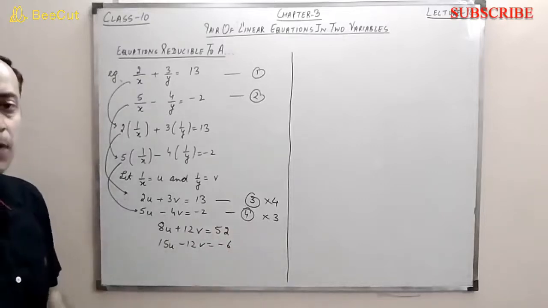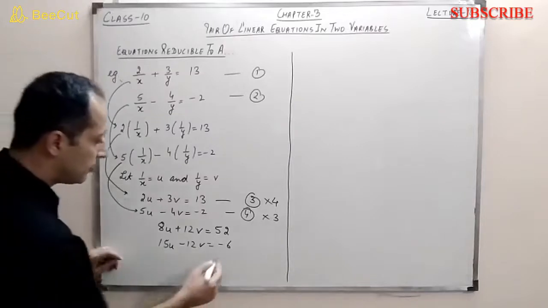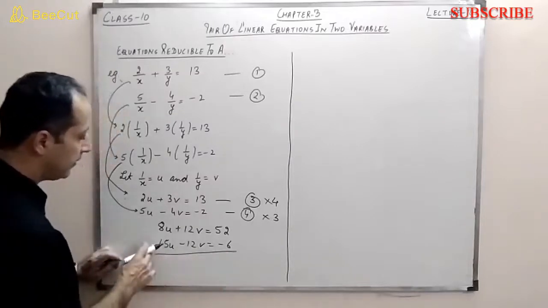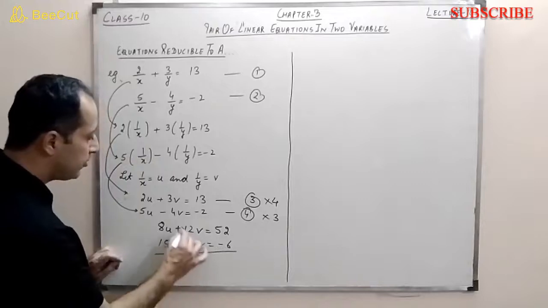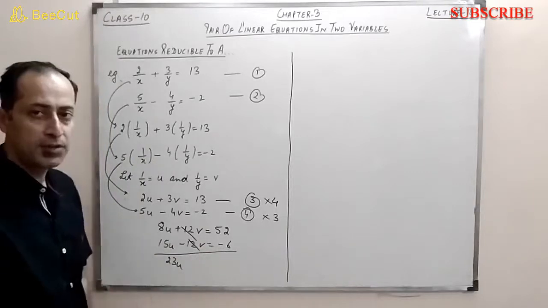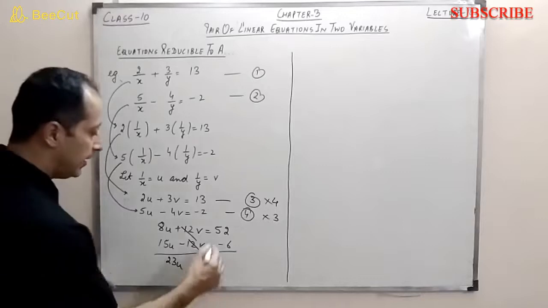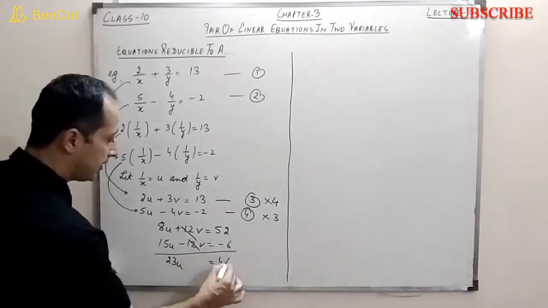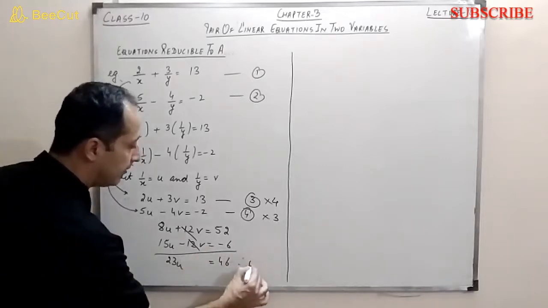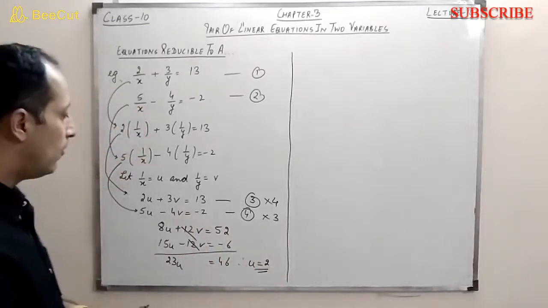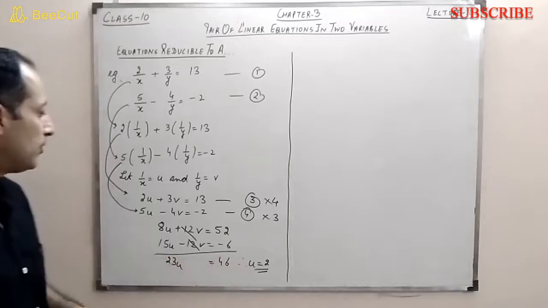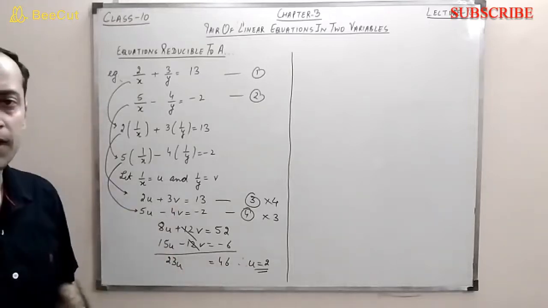Now, as I said, I am going to add the two equations. So when I add the two equations, this 15 plus 8 becomes 23u. These two cancel out because they are of opposite sign, 12v minus 12v, and it equals 46. So from here, I get the value of u as 2. Now, I can just substitute the value 2 in either of the two equations, and I can find the value of v.